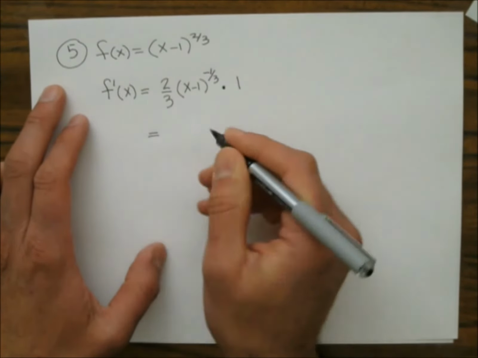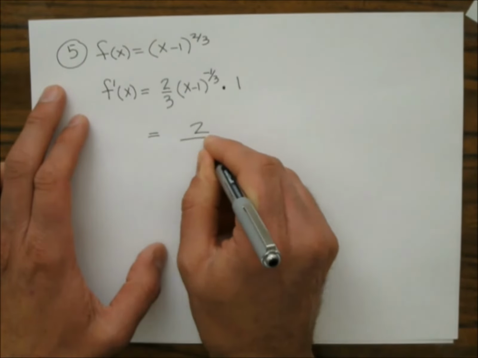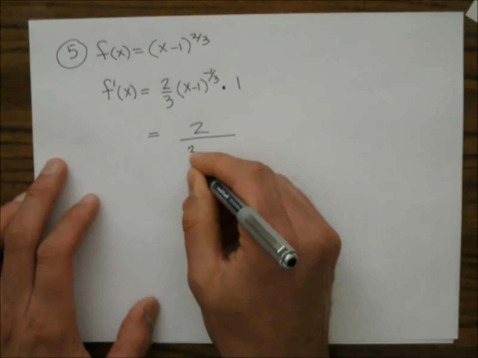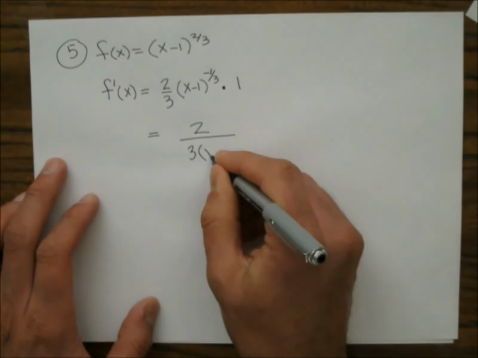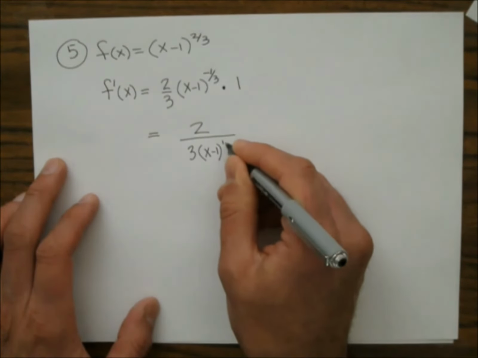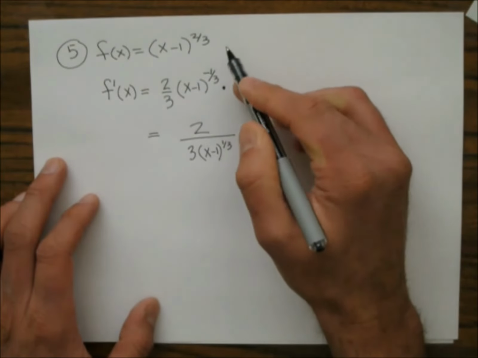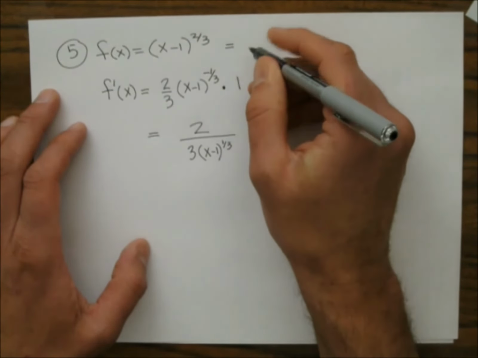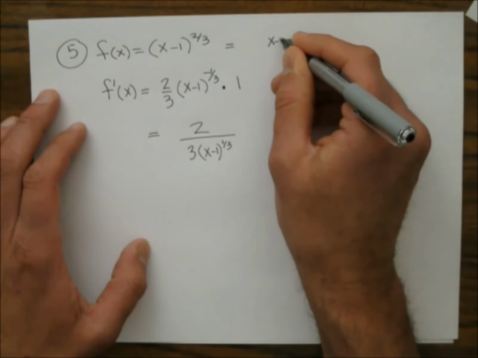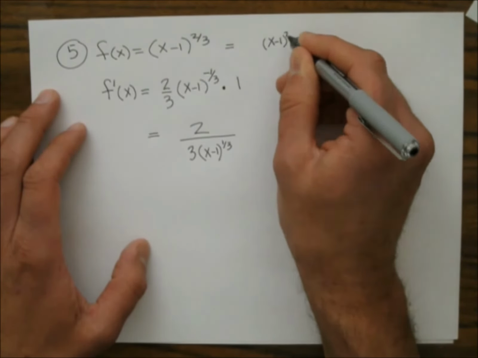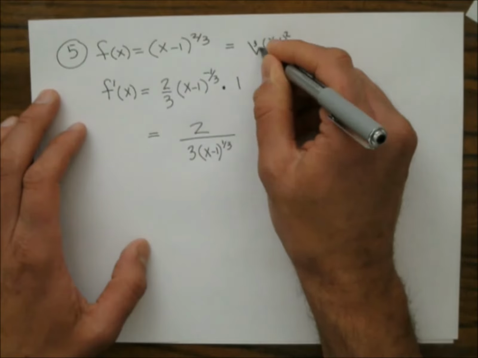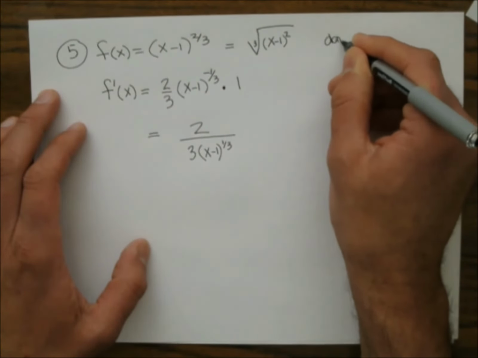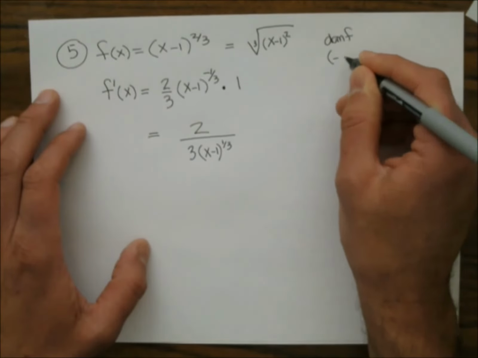So what this gives me is 2 on the top and 3 times x minus 1 to the 1/3 on the bottom. By the way, the domain on this guy, if you're wondering, this guy could be written like this, the cube root. You can take the cube root of any real number, so the domain is all real numbers.